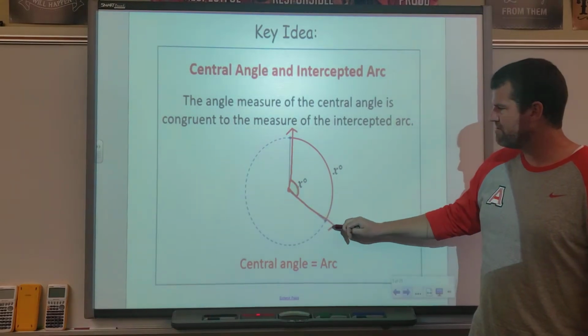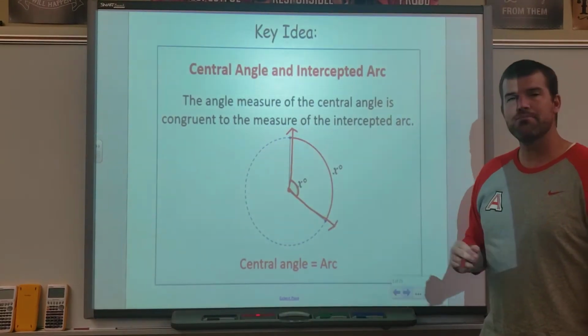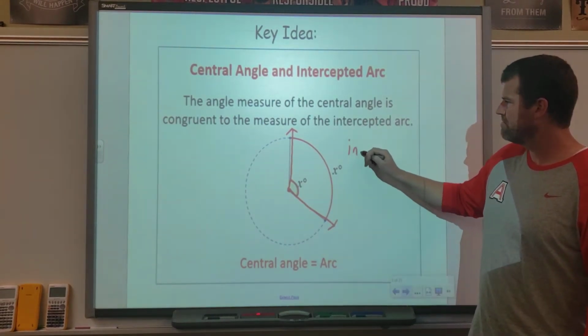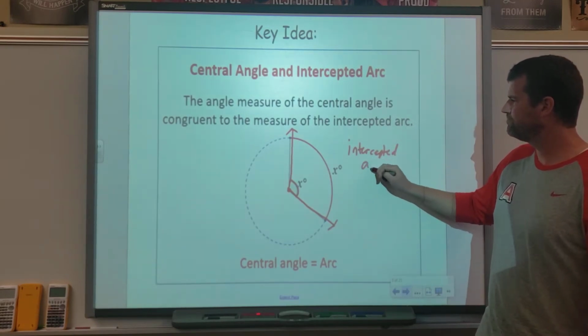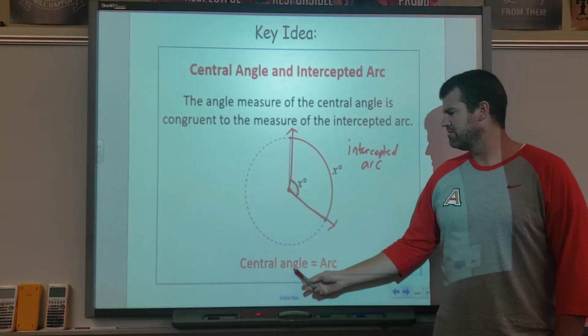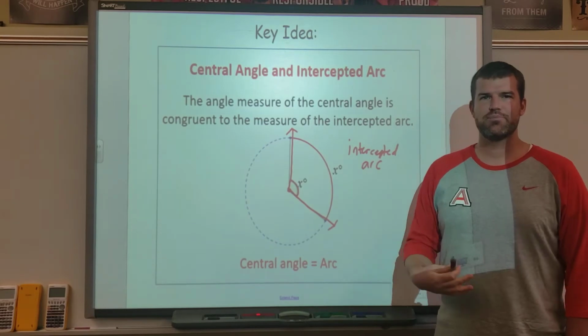If I draw those two sides, this part of the arc that gets intercepted by the angle is called an intercepted arc. Well, the key fact is the central angle is always equal to the intercepted arc.